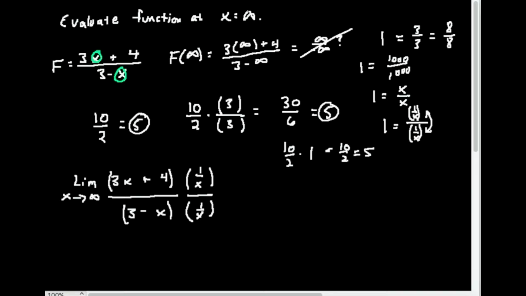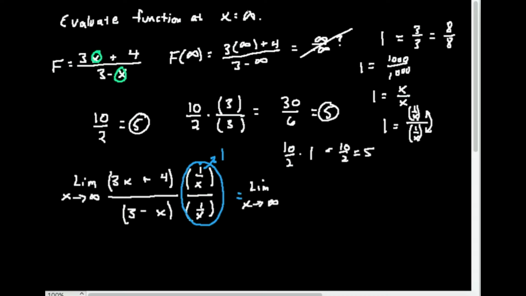Okay? And I didn't change the value of this limit because this right here is just 1, right? So now I want to distribute this 1 over x over both terms. All right, so this is going to be the limit as x goes to infinity. Remember, to get this correct, you have to keep writing the limit.